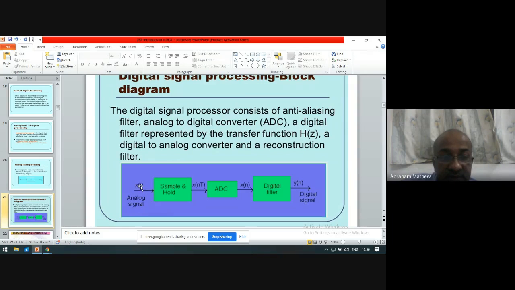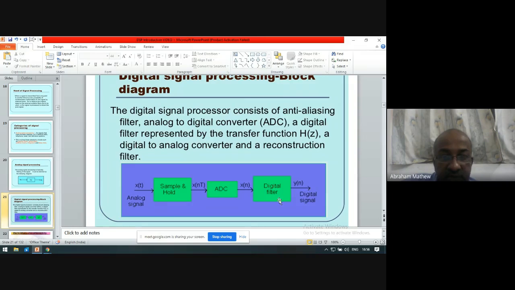So first here, the analog signal is applied to the sample and hold circuit, and it is applied at the input of ADC, analog to digital converter.